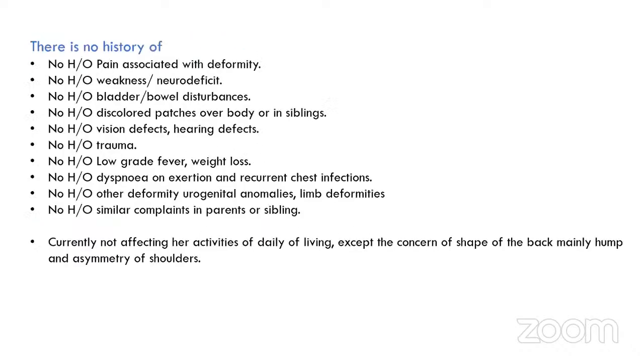On that page of yours, you are asking for no history of discolored patches and this and that. These are all examination findings. If there are discolored patches, you will find them on examination. It's not a history you take. History is of complaints, what patients complain of.